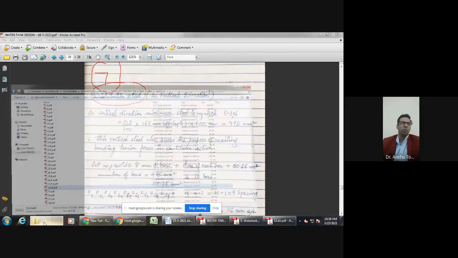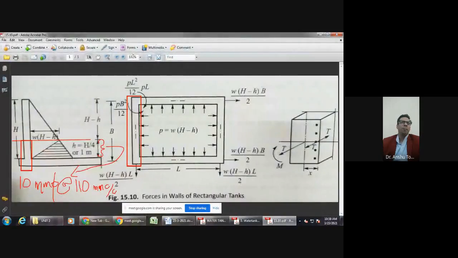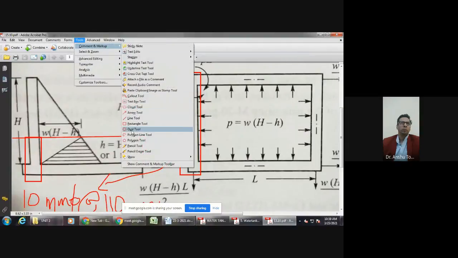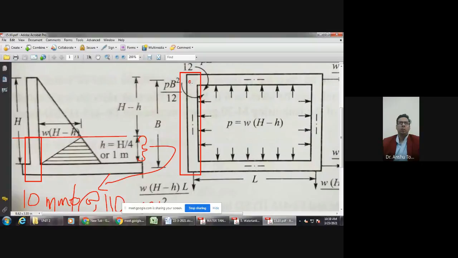If I again go back to figure number 10, we have provided bars here in the vertical main direction.